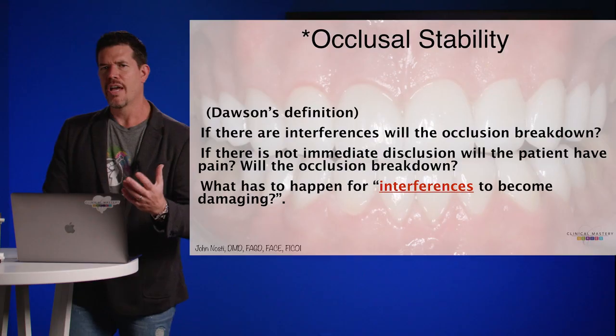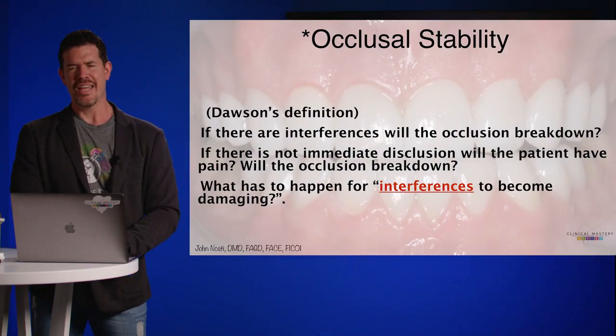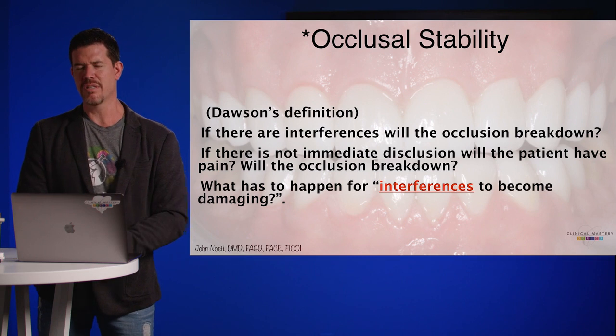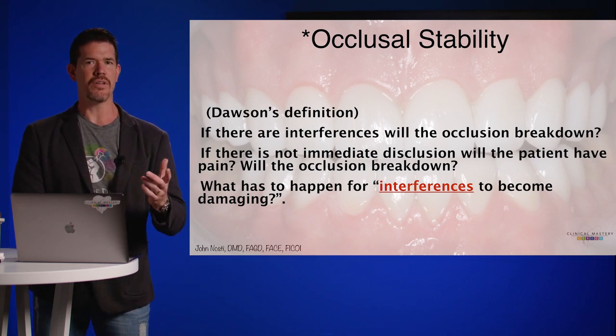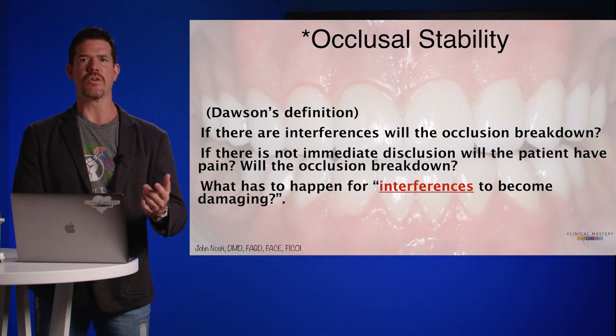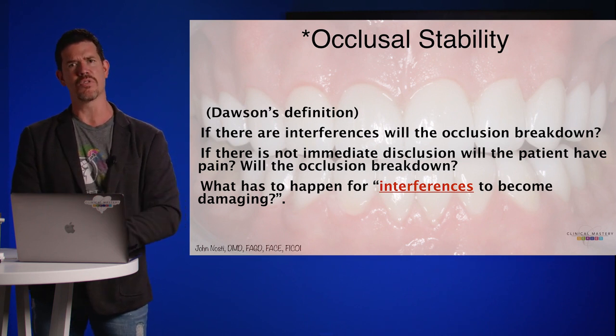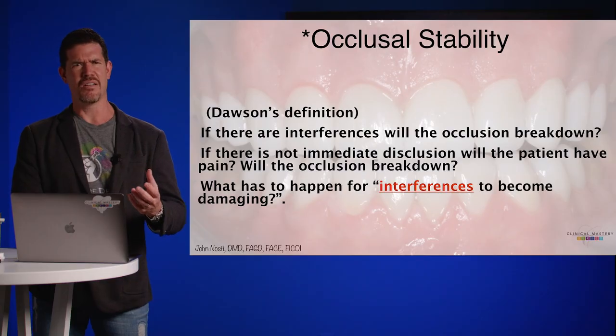So when we look at Dawson's definition, if there are interferences, will the occlusion break down? According to his definition, you can have interferences in order to have occlusal stability. So it would mean that if there's not immediate disclusion, will the patient have pain?